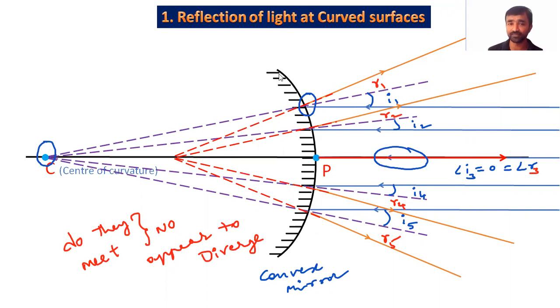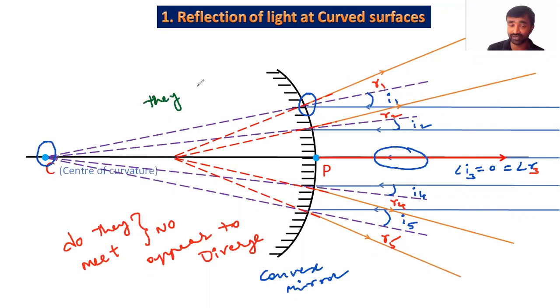What do you notice here? Anyone? They meet at a point. Right. So they appear to meet. Actually, they cannot meet. They appear to meet.